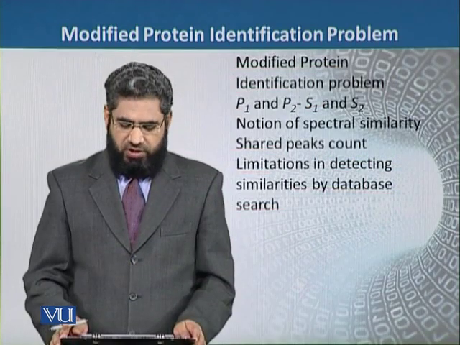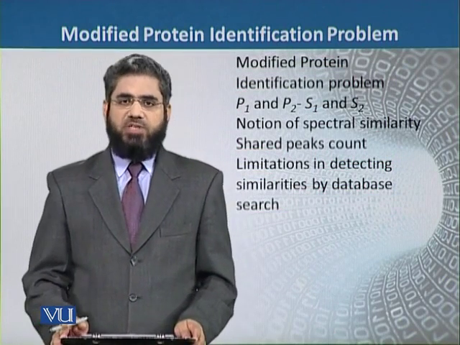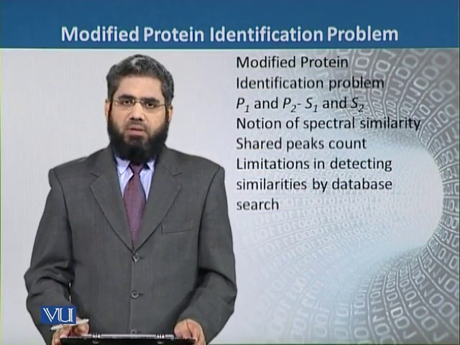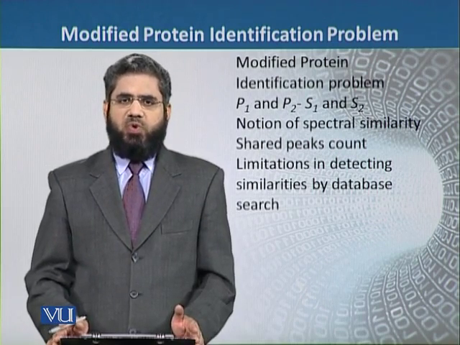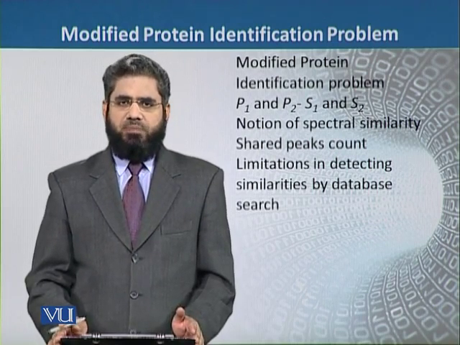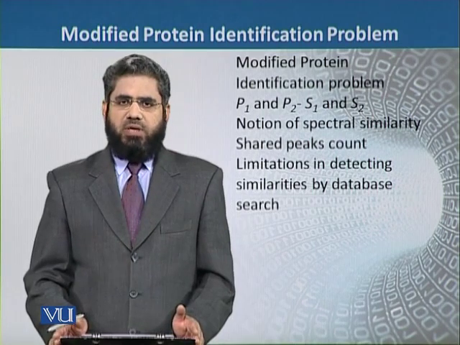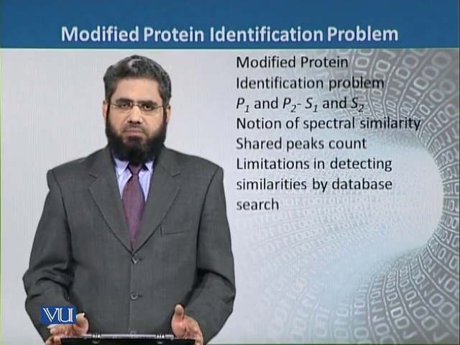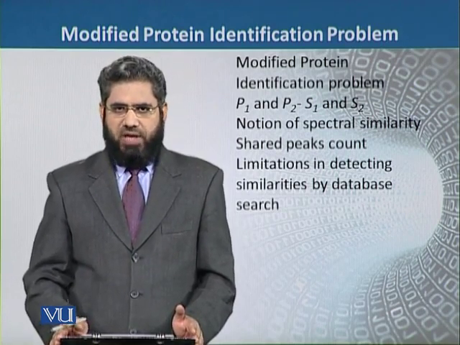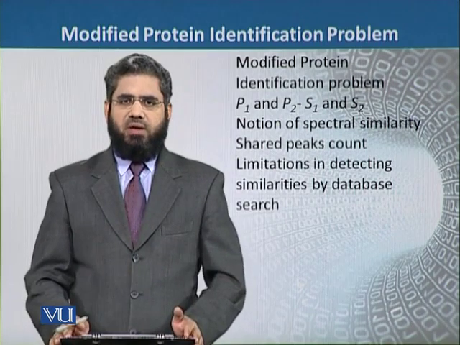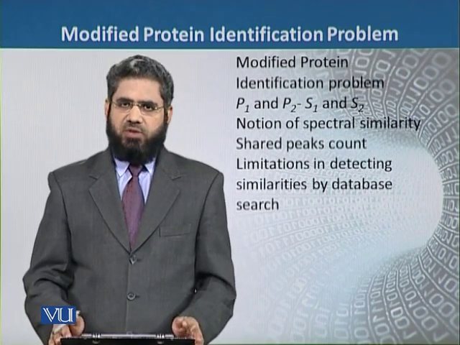The major problem with the modified protein identification problem is that when we have similar sequences of two proteins, P1 and P2, the mass spectrometer can give very different spectra, S1 and S2, and this difference is because of the modifications present in those proteins.